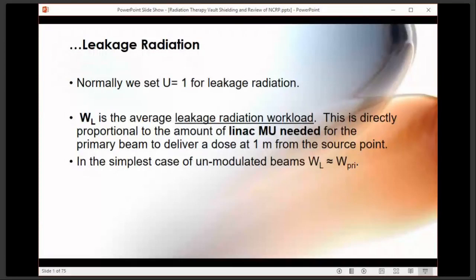For leakage, it is the average radiation workload, and it's directly proportional to the number of LINAC or radiation source monitor units for the primary beam to deliver a dose at 1 meter from the source point. So if you've got a simple unmodulated beam, the leakage radiation workload and the primary radiation workload are essentially the same.